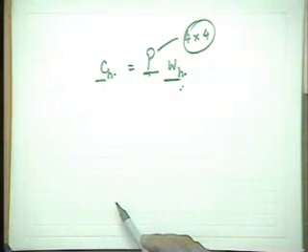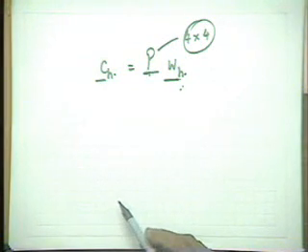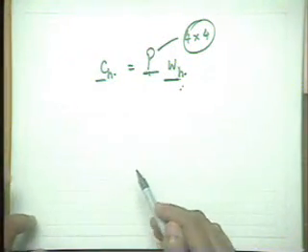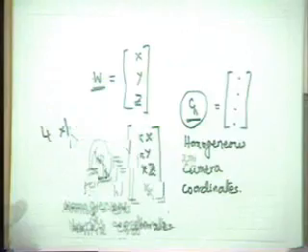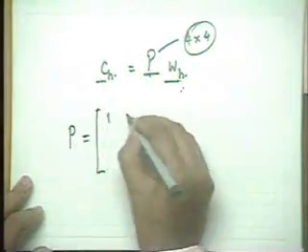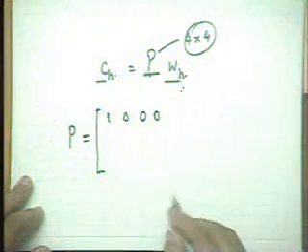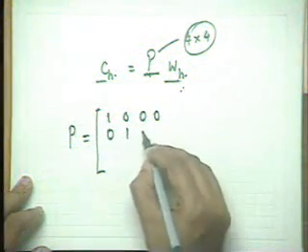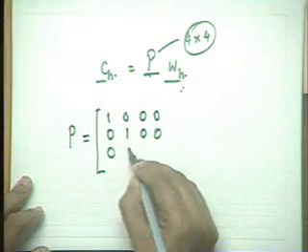Now, what should be this P? Let us investigate. Supposing we take the transformation matrix P something like this: 1 0 0 0, 0 1 0 0, 0 0 1 0.